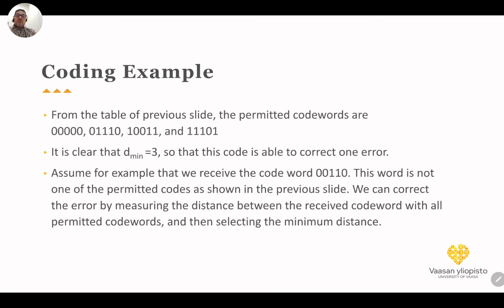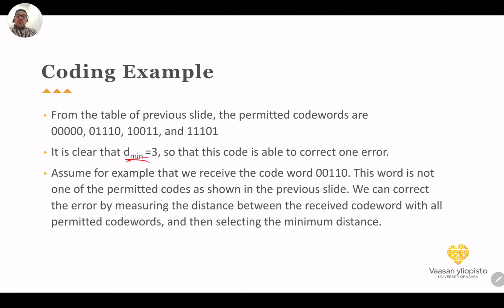So in this case, we have 3. So the minimum distance of this code is 3. As we mentioned before, a Hamming distance of 3 is able to detect and correct 1 error, and to detect 2 errors, but maybe not all combinations of 2 errors can be detected. However, it is able for sure to correct one error.